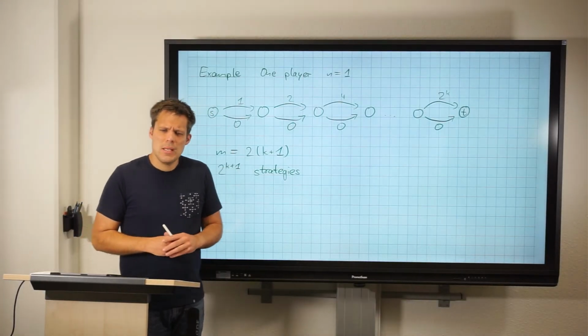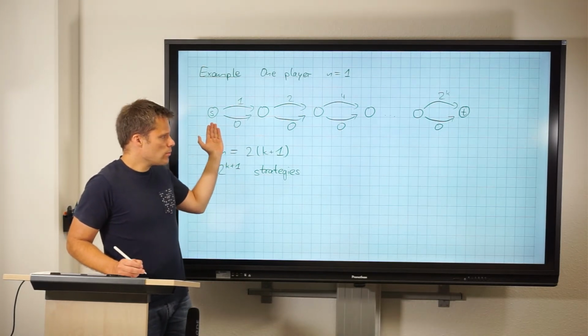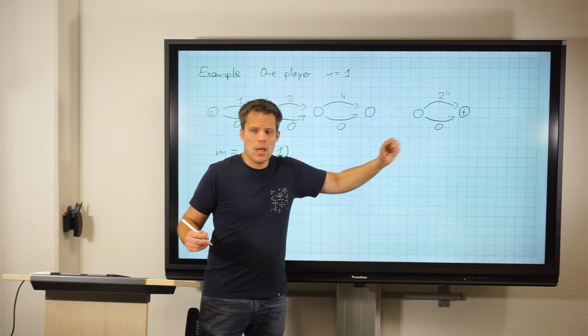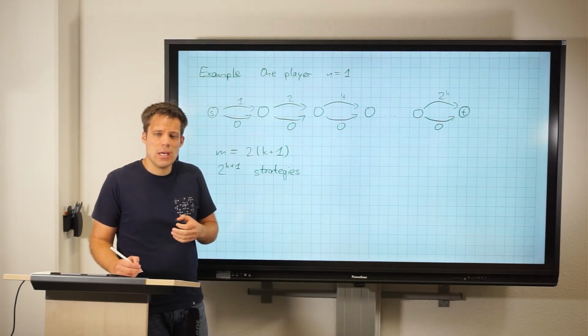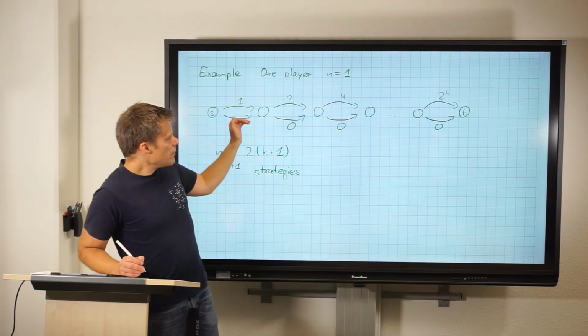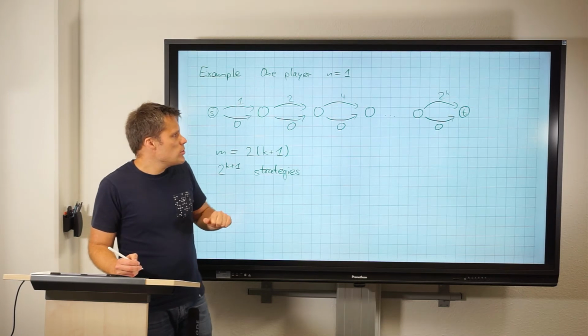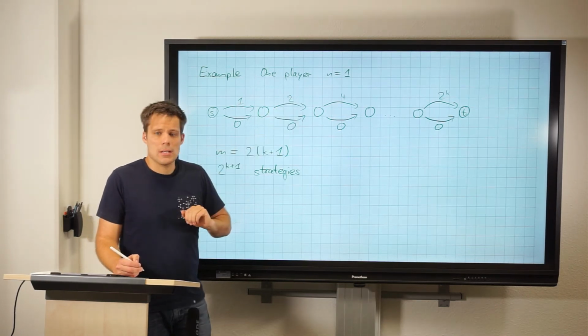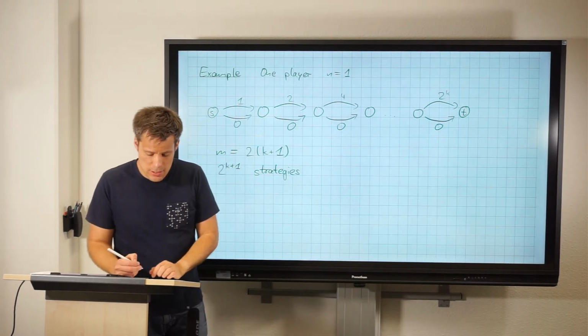Because this one player somehow wants to get from the source to the sink. And how can he or she choose to get there? Well, for every one of these parallel edge pairs, the player might choose to either use the top or the bottom edge. And this gives us 2 to the k plus 1 strategies in total.